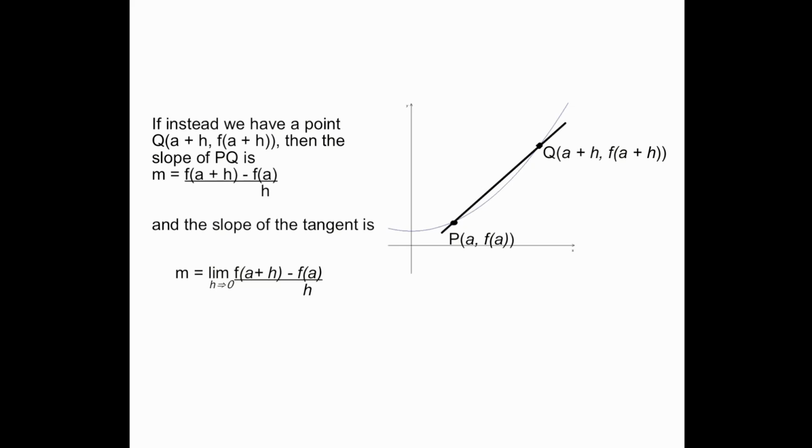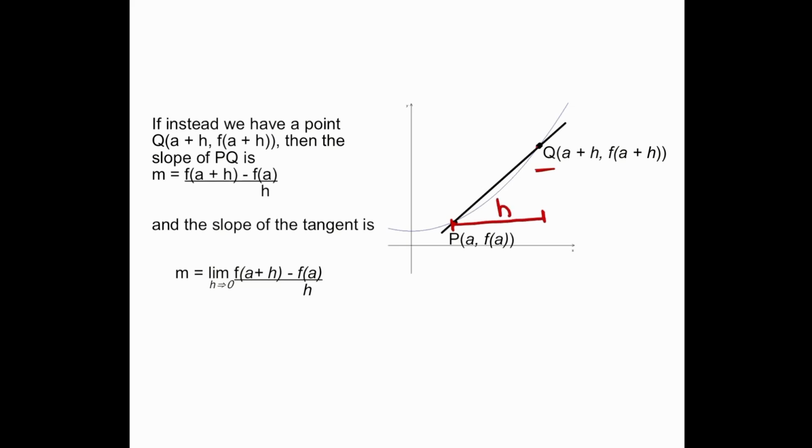Now let's talk in general terms. So if instead of having P and Q that have x and a values, now we have a point Q up here that has an x value of a plus h and a y value that is f of a plus h. And all that really means is that h is just the distance between the x values on the x-axis.